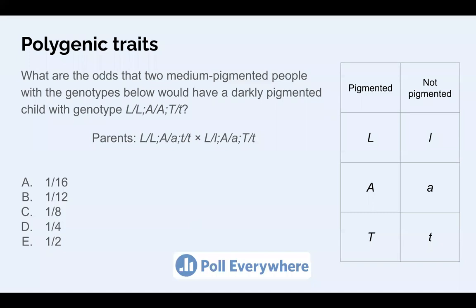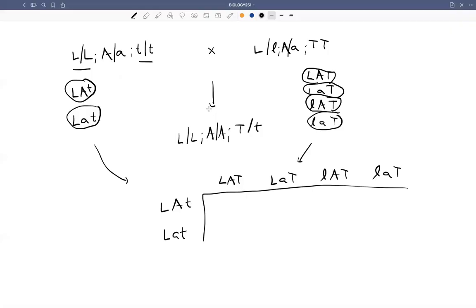So we need, let's see, this kind of offspring. So 2 big L's and 2 big A's. So anybody who's got a little a is going to be ruled out.